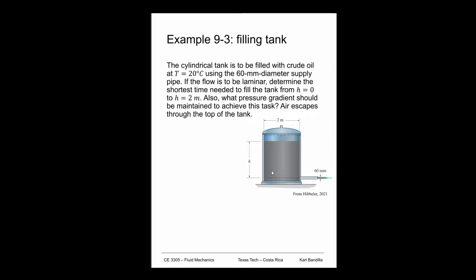And we're given the constraint that the flow is supposed to be laminar in our infill pipe here, right? So that means if we want to have the shortest time while it's laminar, means the fastest velocity while it's still laminar, right? Because the fastest velocity is going to give us the fastest volumetric flow rate, which is going to make it fill fastest.